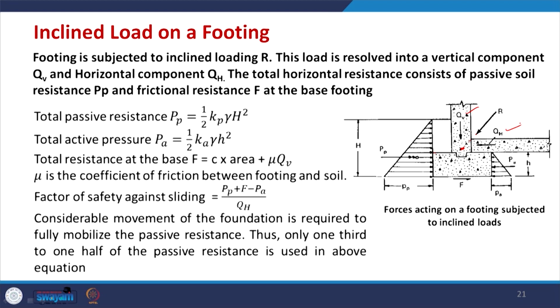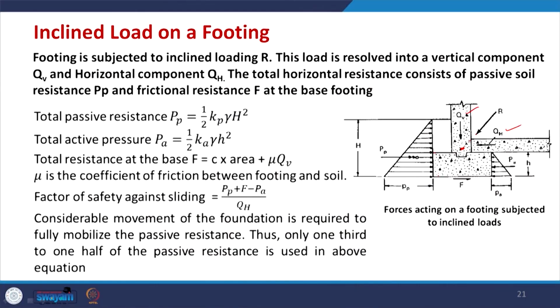See what will happen when you apply vertical load, no problem, nothing like that. But when you apply the horizontal load, this will try to push this footing away. The soil on this side will come under the active zone and the soil on the other side will come under passive.